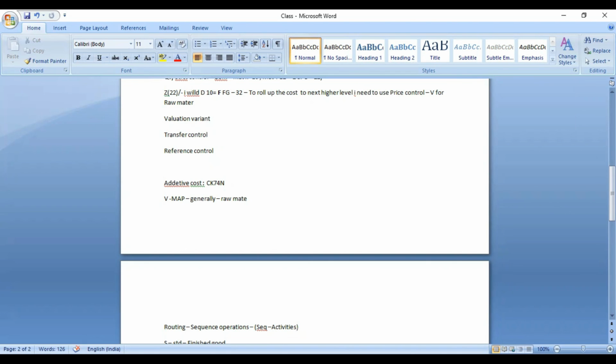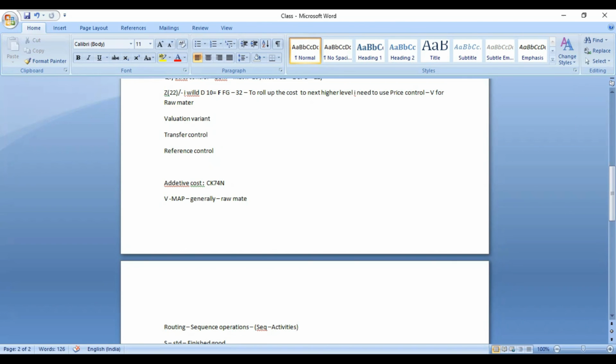And in process orders, resource and recipe, the BOM and work center will be the same. Only the nomenclature will be different. Okay, this is called routing.